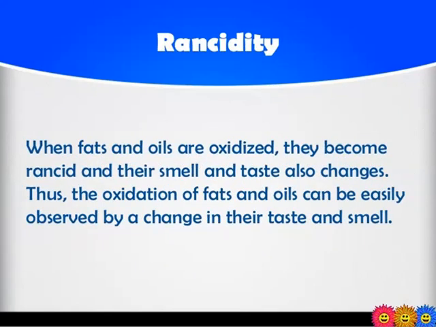Rancidity. When fats and oils are oxidized, they become rancid and their smell and taste also change. Thus, oxidation of fats and oils can easily be observed by change in their taste and smell.